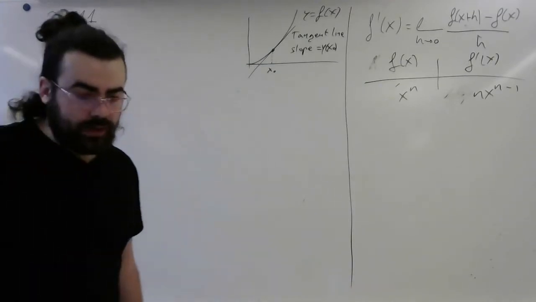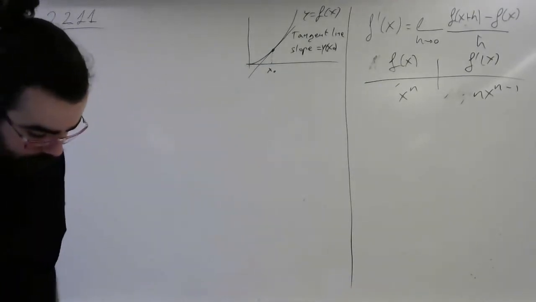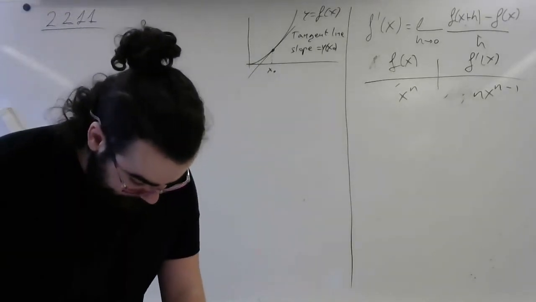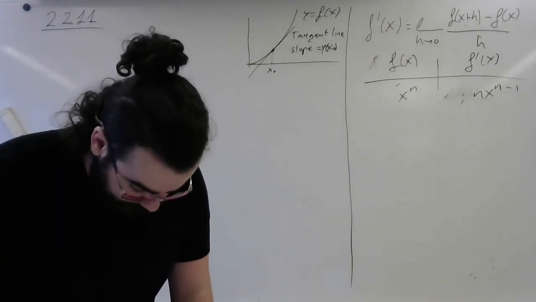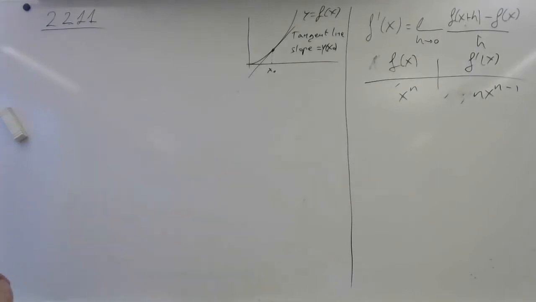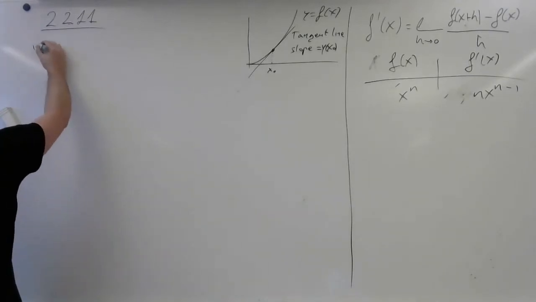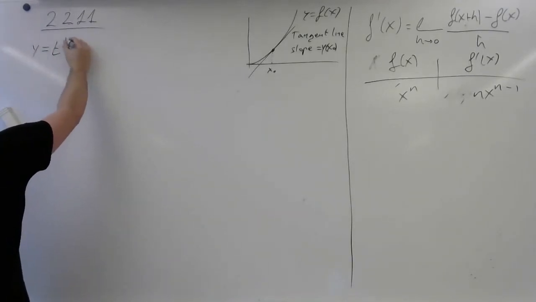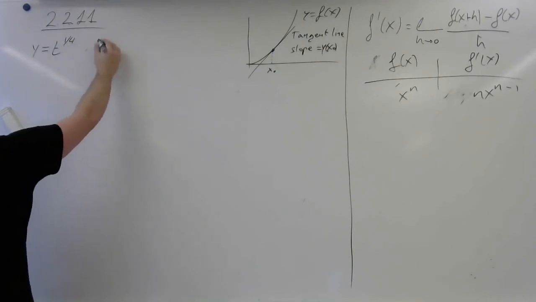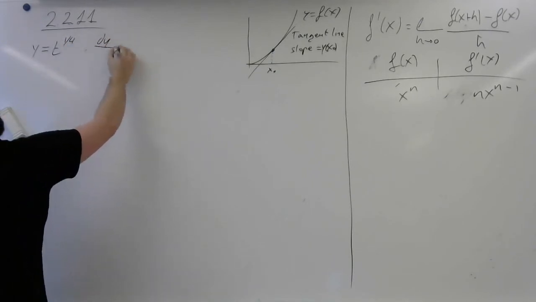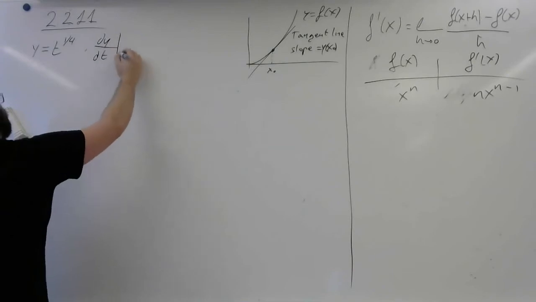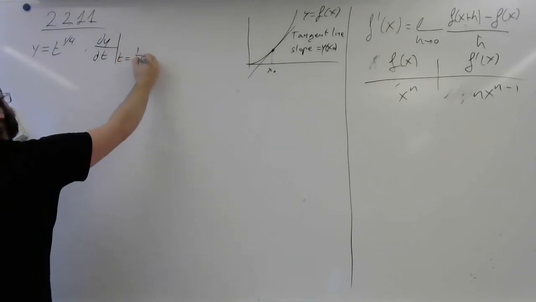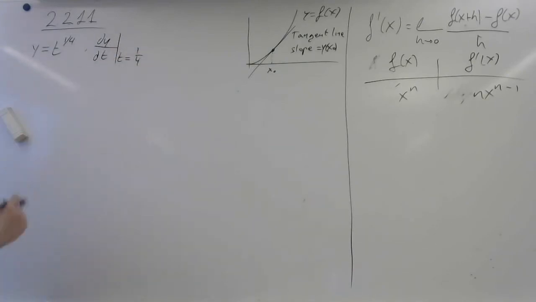Now let's take it one little step further and solve exercise 43, which you can find in page 108. We know y is t to the power of 1/4, and we are asked, okay, what does this mean?